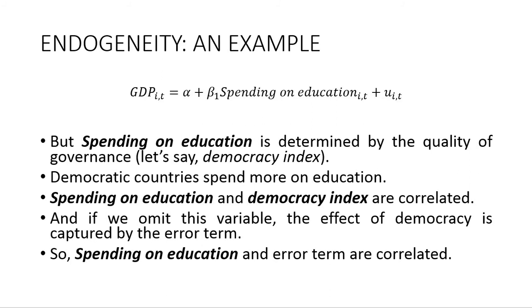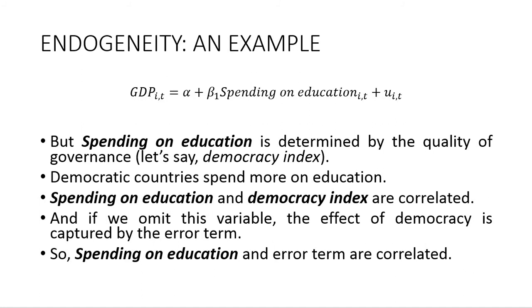Democratic countries spend more on education. It's very intuitive, but at the same time many studies which examine the effects of democracy on economic growth report that this effect occurs through the channel of higher education spending.